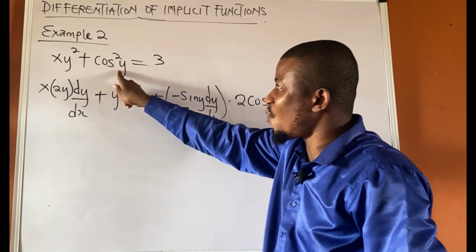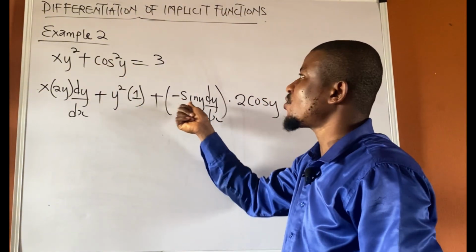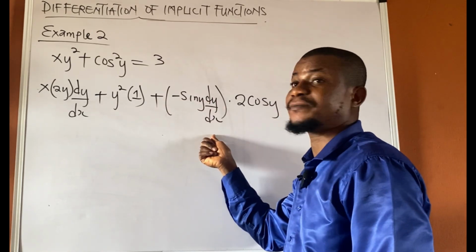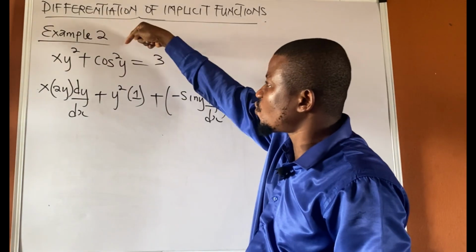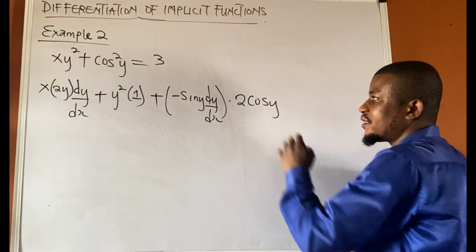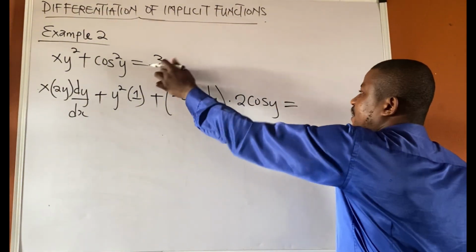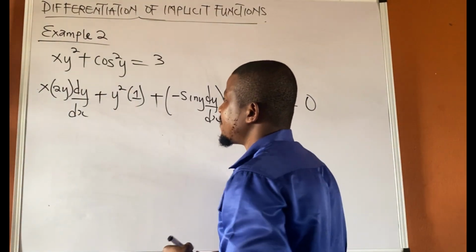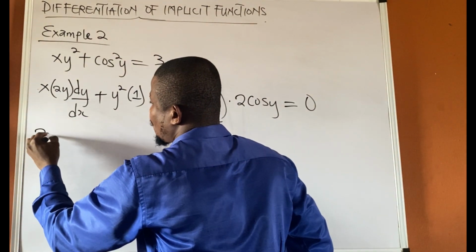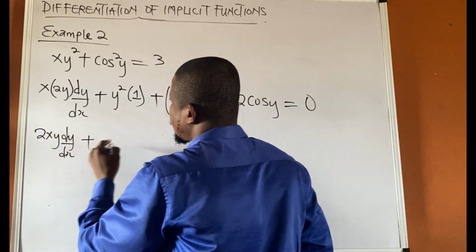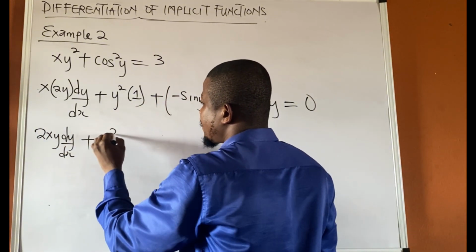You differentiate cos y, you have minus sine y. But because you're differentiating y, you return dy/dx. Now, this is cos squared, so differential of cos squared is 2 cos y. On the right hand side, differential of 3 is 0. And so we continue with this simplification. This is 2xy dy/dx plus, multiplying this, y squared.